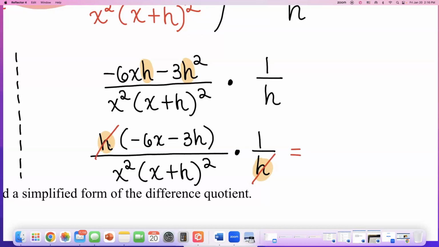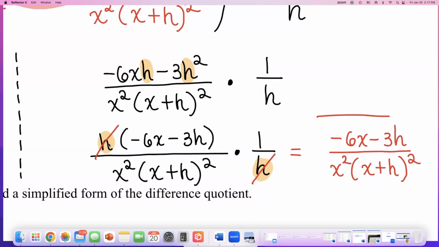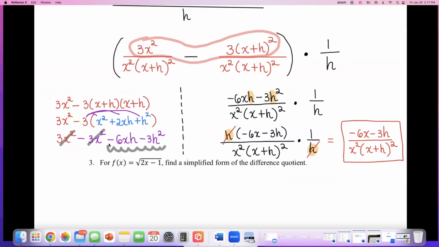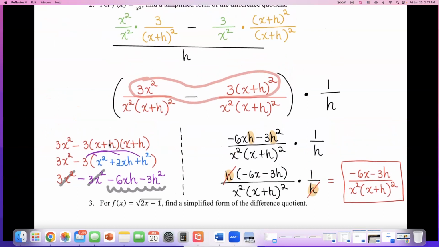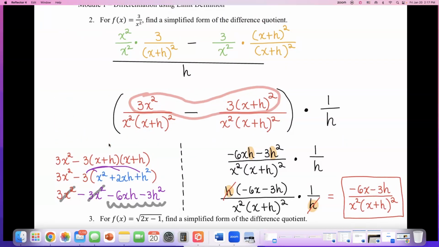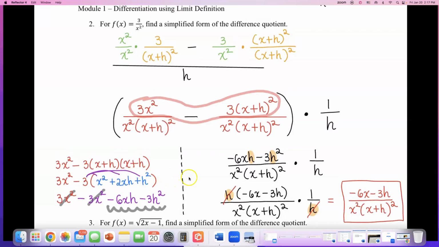Our final answer is negative 6x minus 3h over x squared times x plus h squared. So lots of algebra, but we needed to remember how to work with fractions, common denominator, some FOILing, all that, to find the simplified form of the difference quotient.